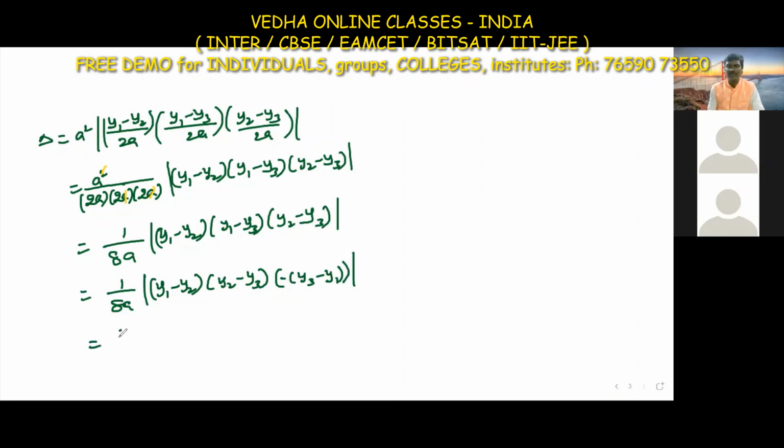Already we know that inside the modulus, negative or positive, we get positive only. So the negative sign also becomes positive here, and we get (y3 minus y1) square units. This is the required area of the triangle. Understood?